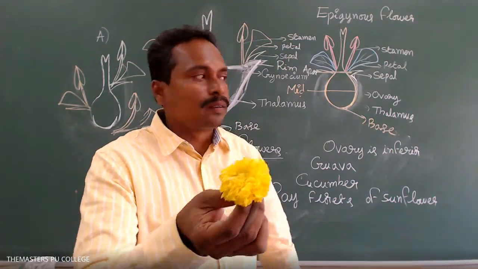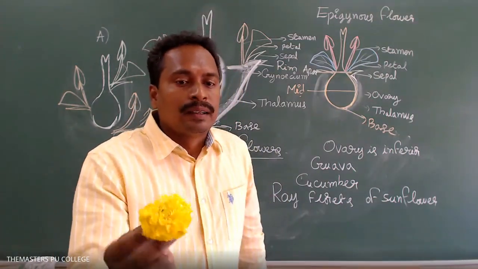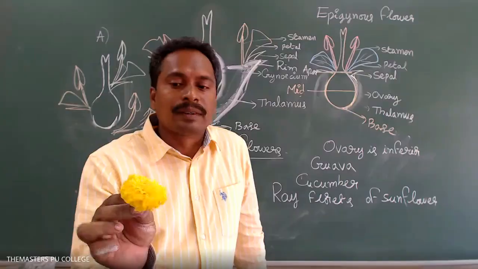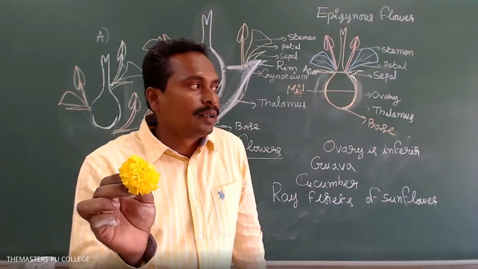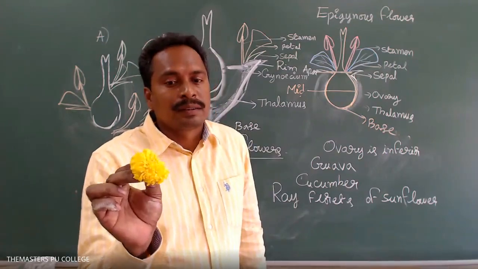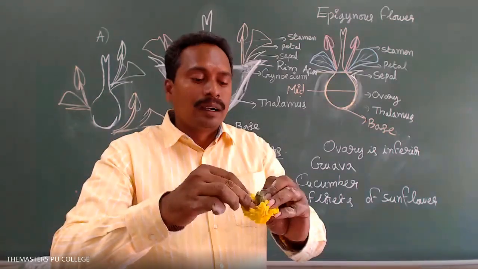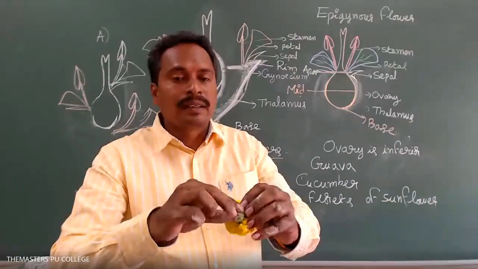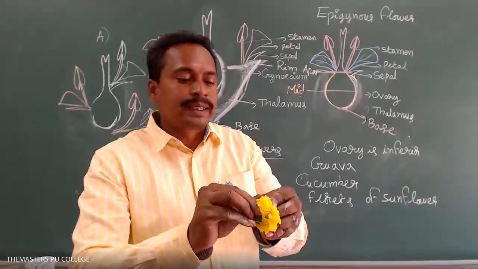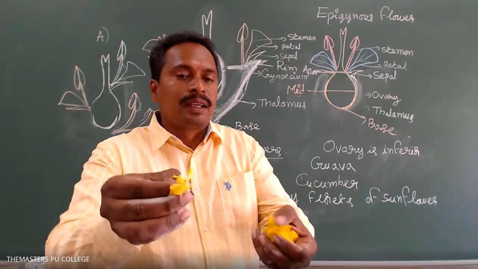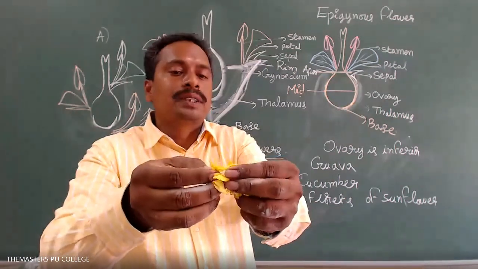What is this? Is it a flower or an inflorescence? It is an inflorescence, a cymose inflorescence. An inflorescence consists of several flowers, and the flowers are highly reduced.